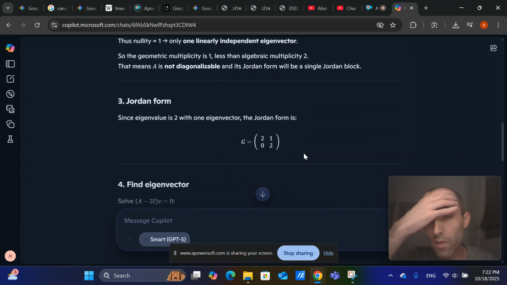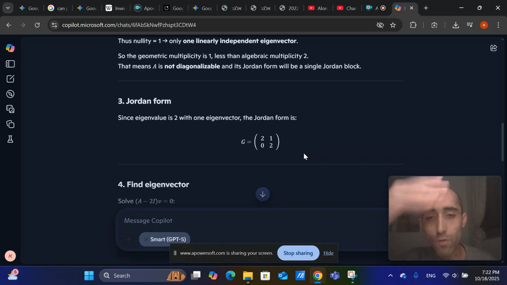Now for a diagonalizable matrix, what we are doing is using the eigenvectors, because for a diagonalizable matrix, we have a basis of eigenvectors. We put them as the columns of P, and this P will diagonalize the matrix. But now we don't have a basis. We don't have enough eigenvectors. We only have one eigenvector.